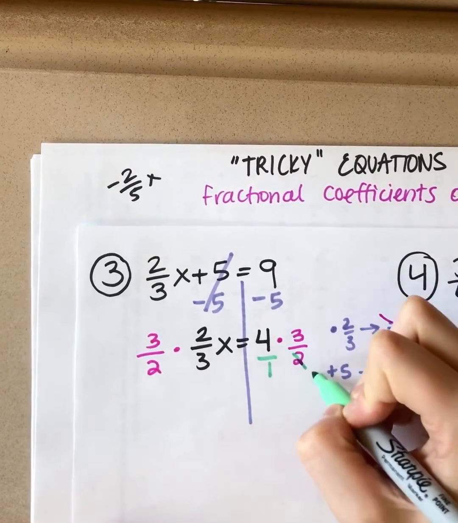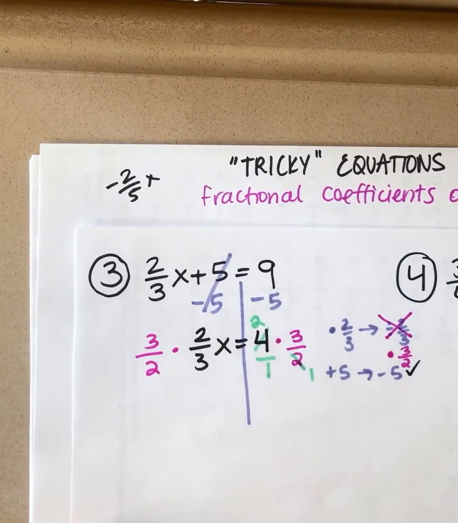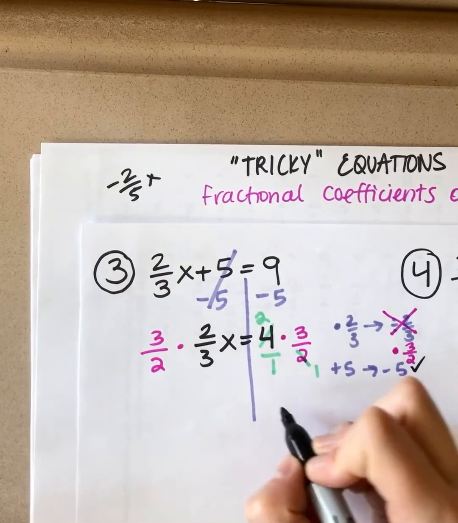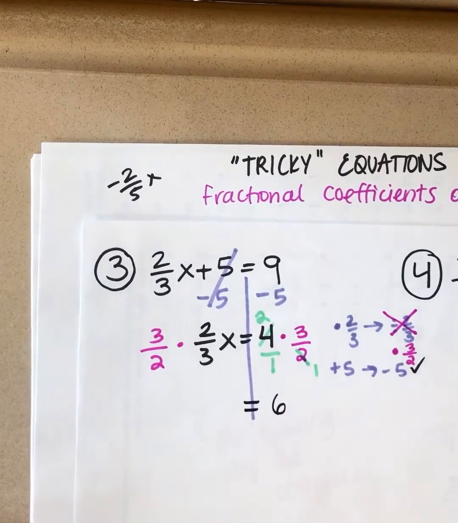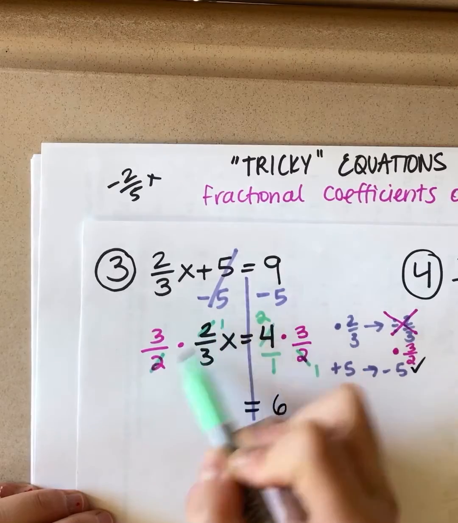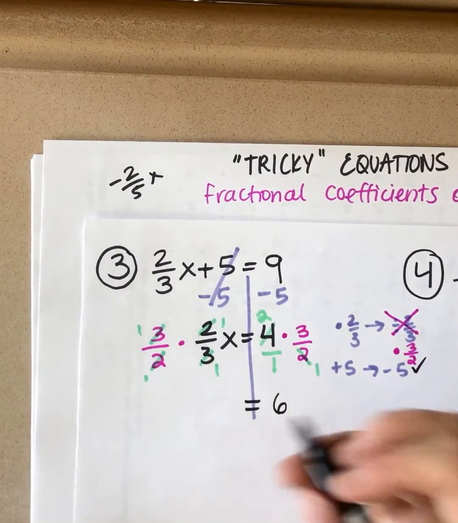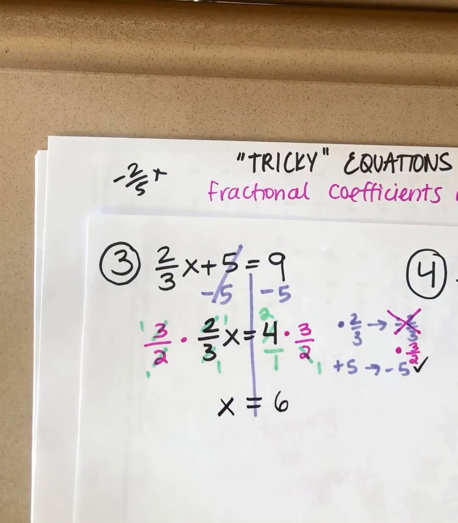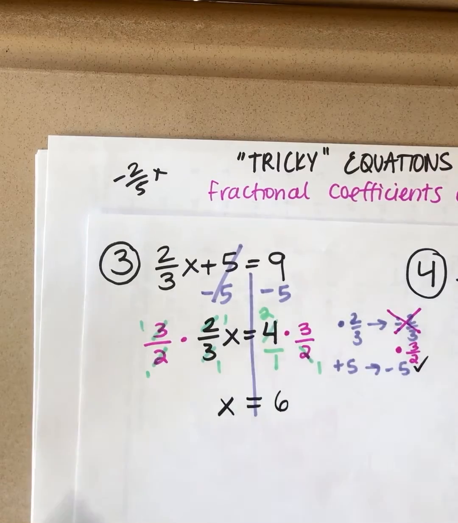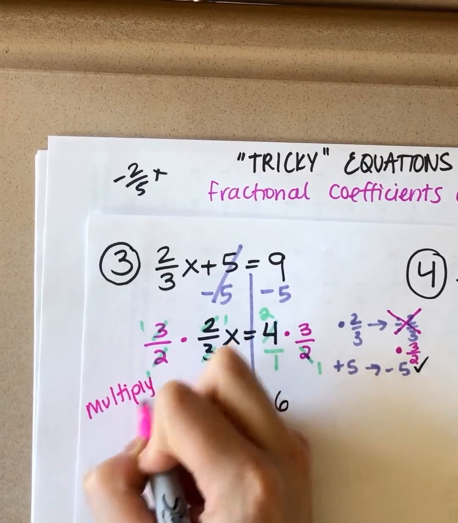So 2 goes into 2 once and 2 goes into 4 twice, and 2 times 3/1. So 6 is going to balance with my fraction work over here. Oh, the 2 and the 2 cancel. Awesome. The 3 and the 3 cancel. Awesome. I'm just left with x. So our key here is we're always going to multiply by the reciprocal instead of dividing by that coefficient.